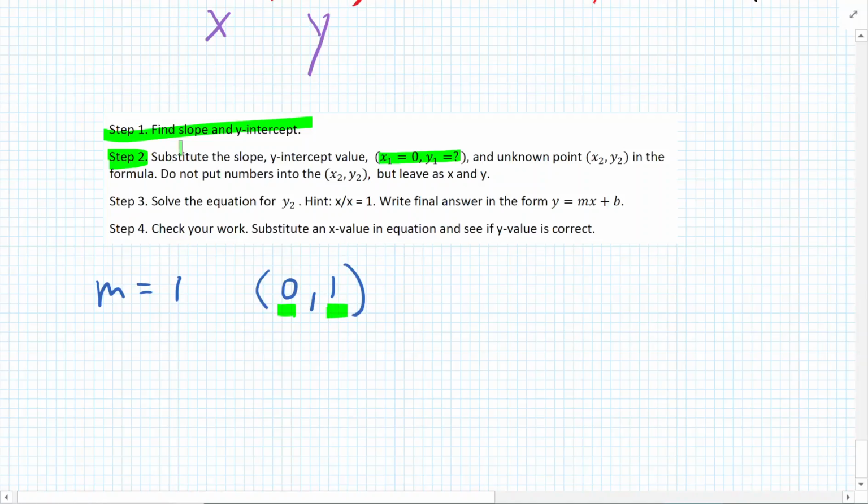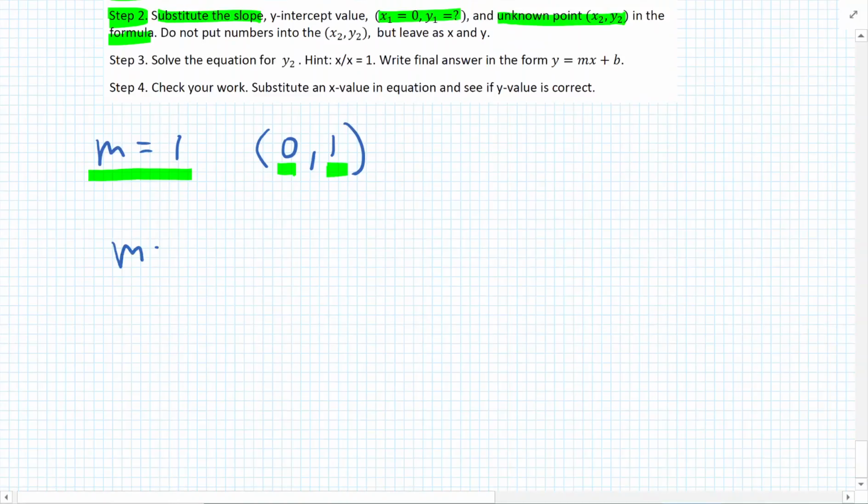Okay, substitute the slope. This is the slope, m equals 1. And some unknown point in the formula. Okay, let me set this up so you understand what we're doing here.